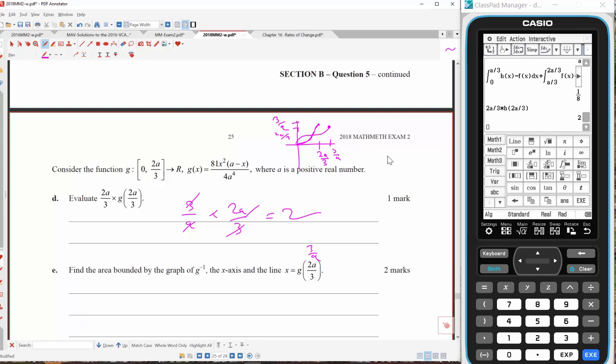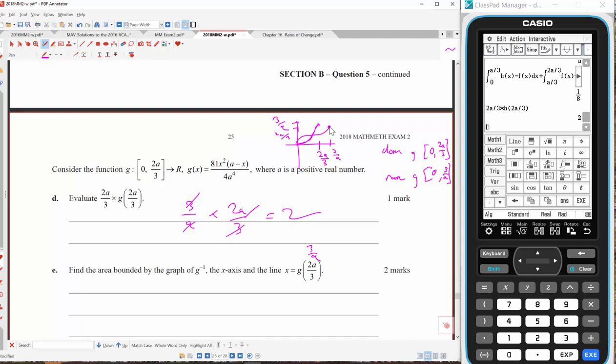So remember the domain of g is 0 to 2a on 3, and the range of g is going to be 0 to 3 on a. So that means the domain of the inverse will be the range, so 0 to that.